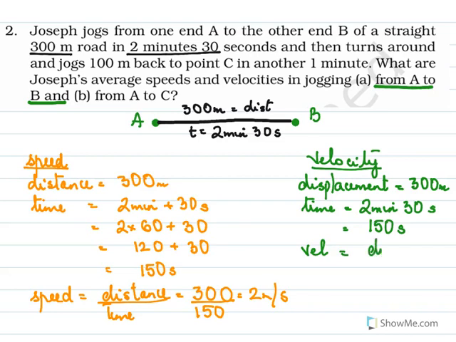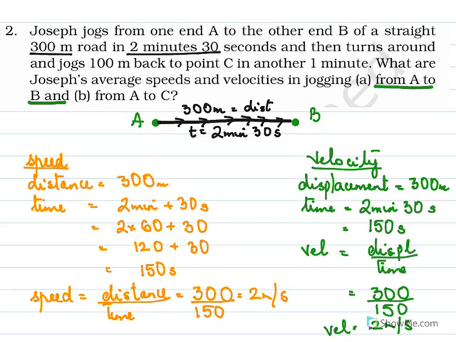So velocity is displacement over time. Displacement 300 and time 150. So velocity is 2 meters per second. Speed and velocity are the same, because the body has not changed direction. It is just moving one way only, like this. So speed and velocity are equal, distance and displacement are equal.